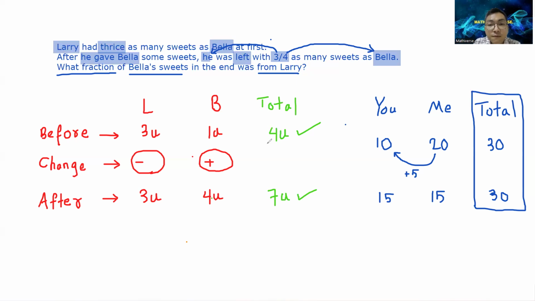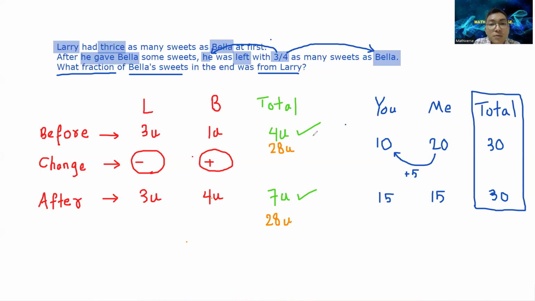Okay? So 4 and 7, in what way can we change them to be the same? Yes, common multiple. What is the very first common multiple of 4 and 7? 28. Yes. So you have to change 4 units to 28 units. You have to change 7 units to 28 units too.